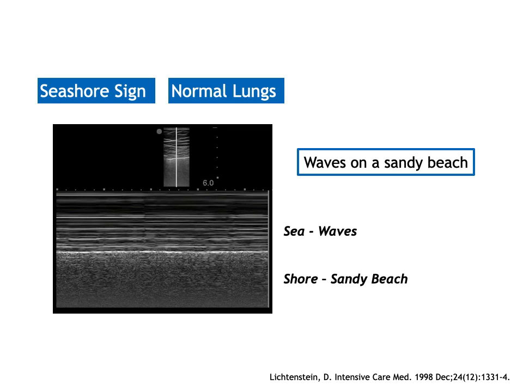So you have waves on a sandy beach, or seashore sign. Why is this important? Because this confirms the presence of lung sliding, and therefore, as we will discuss shortly, this could be used to rule out pneumothorax at the point of scanning.